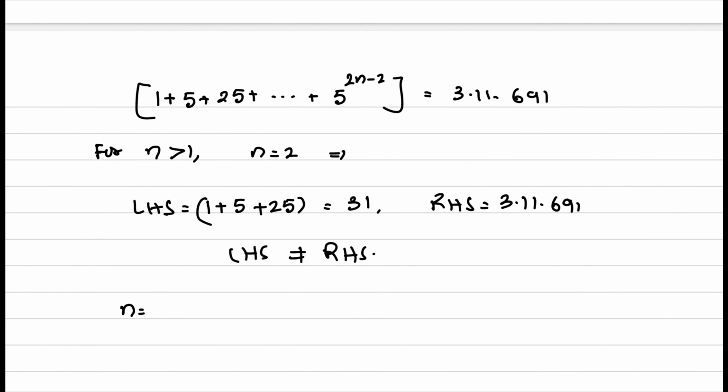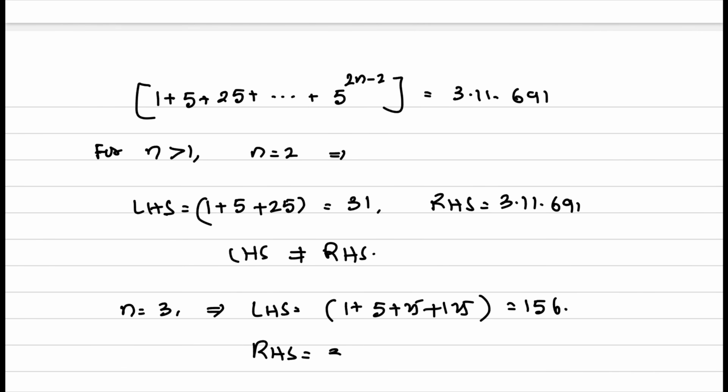For n is equal to 3, left hand side is equal to 1 plus 5 plus 25 plus 125. 150, 150 plus 5, 155, 156. Right hand side is equal to 3 into 11 into 691. Left hand side is not equal to right hand side.